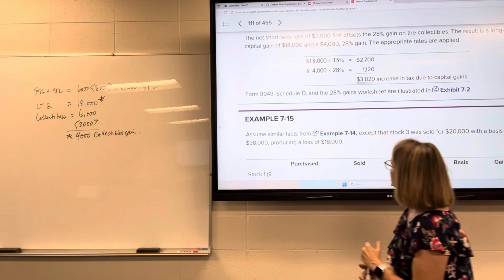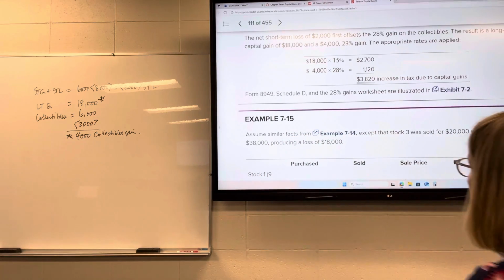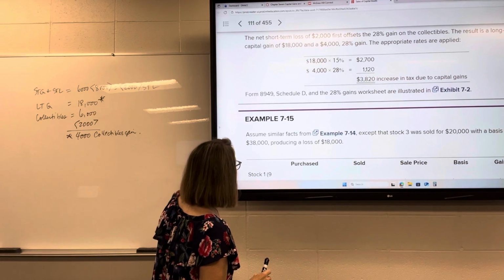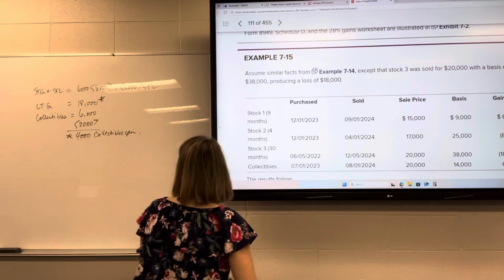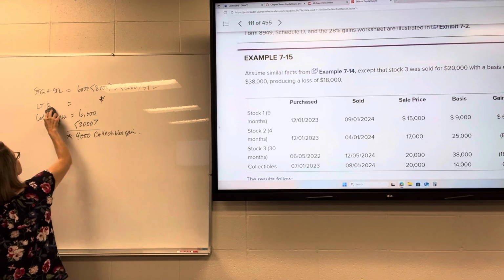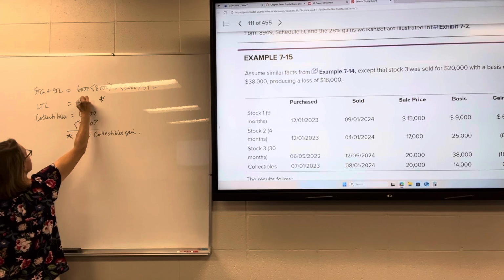Assume similar facts except that stock 3 was sold for $20,000 with a basis of $38,000. Now we've got a loss here. Long-term capital, we have a long-term loss of $18,000.